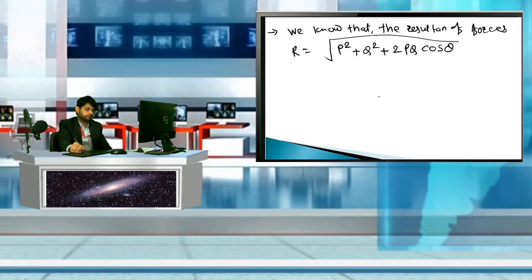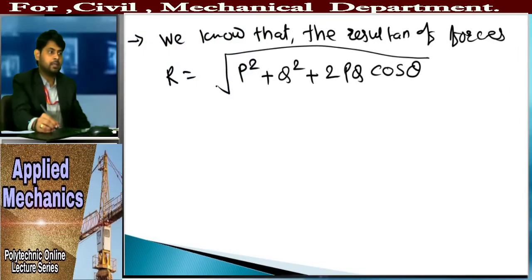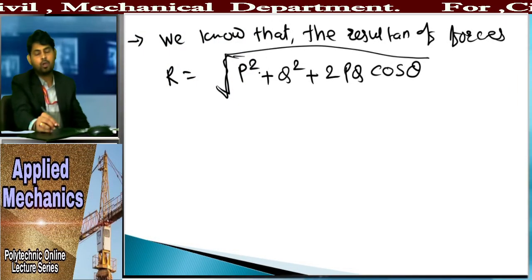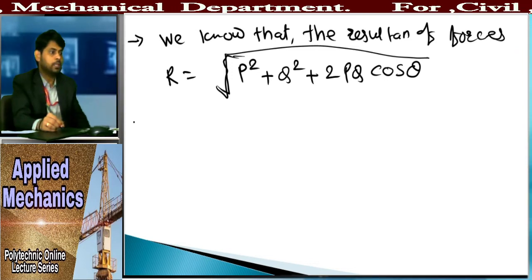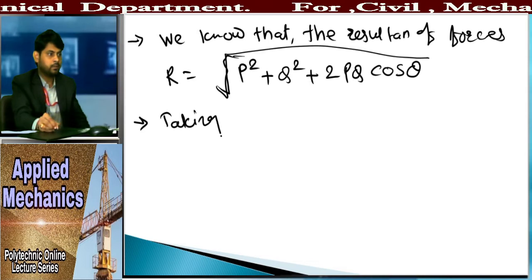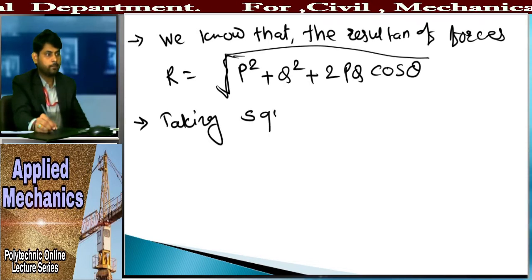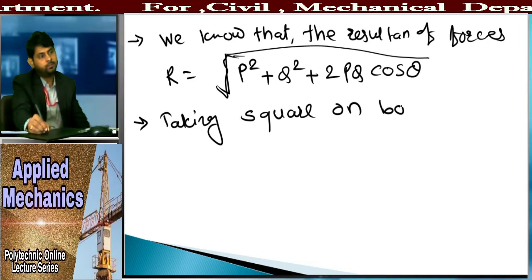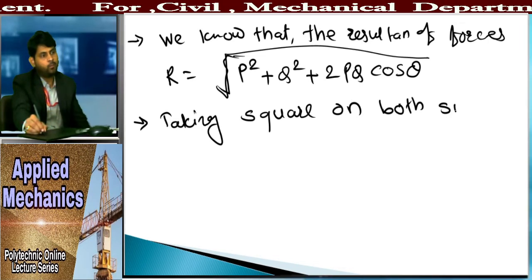Now see here, this is the R and here is the square root. So first remove this square root. For removing this square root, what we have to do? We have to take the square on both sides.